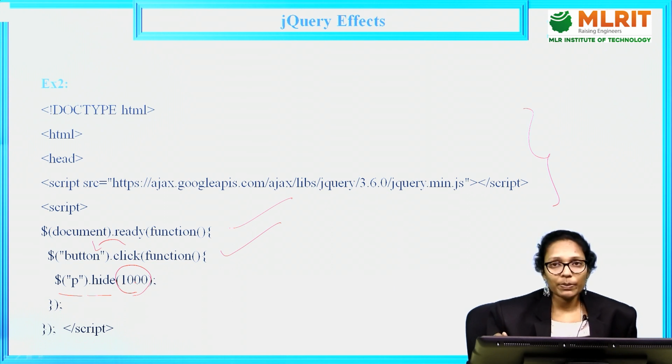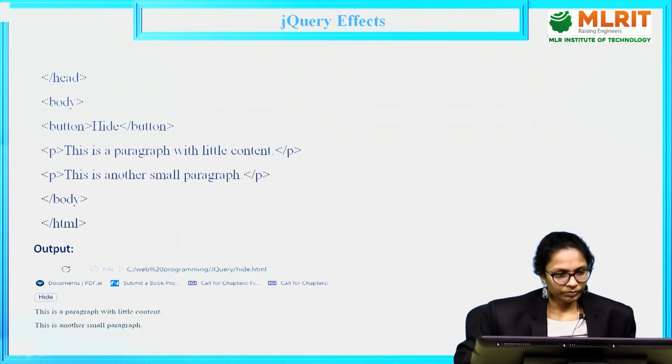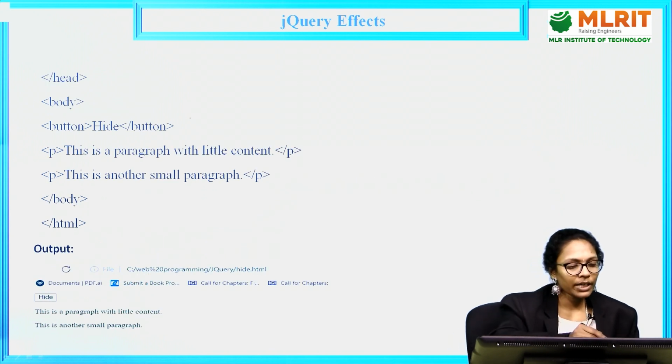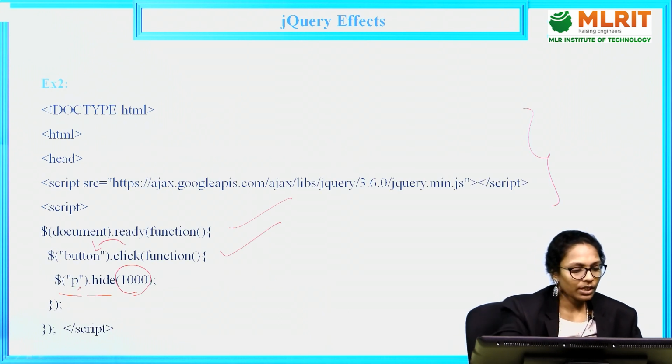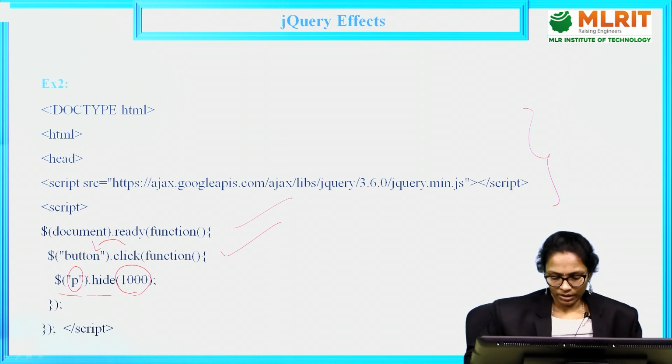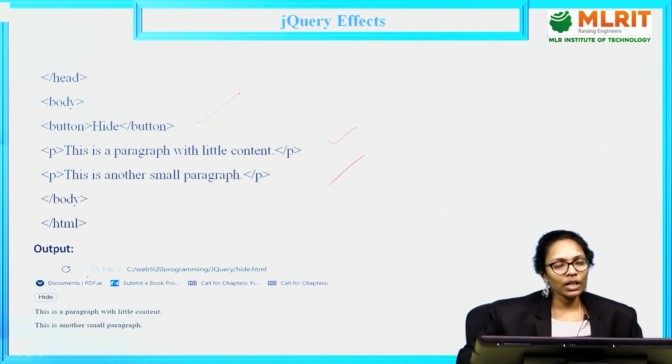Here I am specifying the speed as 1000 milliseconds, so with that speed, it will be hidden. In the body section, I am creating a button followed by two paragraphs. This logic will be applied to both paragraphs, because I have simply written p, which means all the paragraphs in our program.